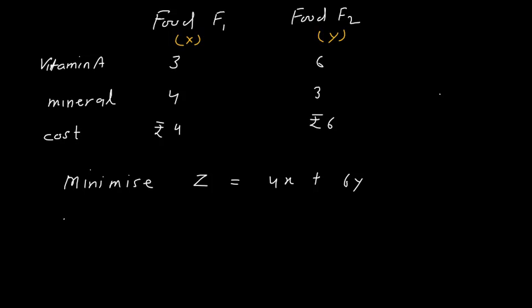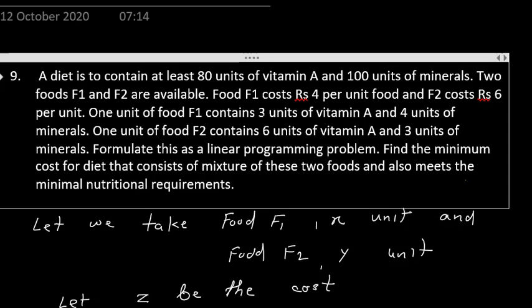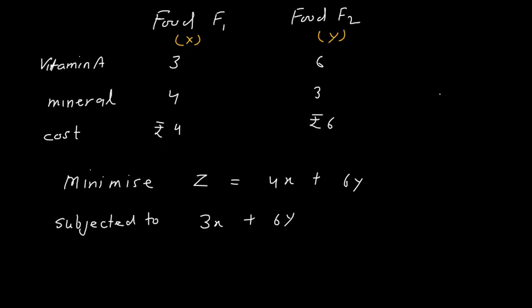Subjected to few conditions. First is 3x plus 6y. Now minimum vitamin required is 80 unit and 100 unit. So minimum requirement or total we require 80 unit and 100 unit.